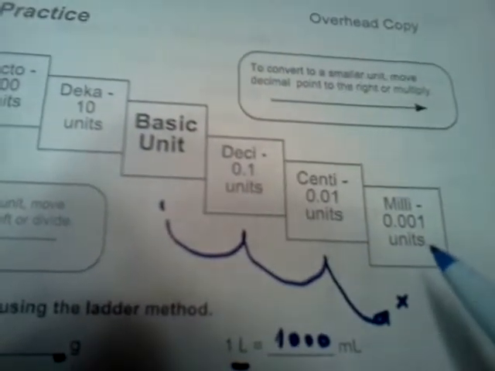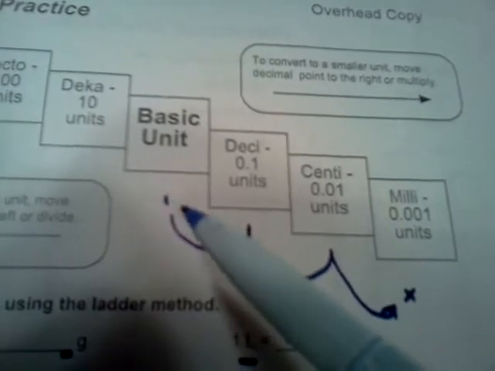We can do the same right here. So now we're starting at milligrams, and we want to go to grams. Notice there is no prefix in front of grams, so I'm starting at the ones place. But this time, instead of going from grams to milligrams, I want to go the other direction. So now I'm going to move my decimal that way, 3 place values. So I'm going to take my 1,000 milligrams.